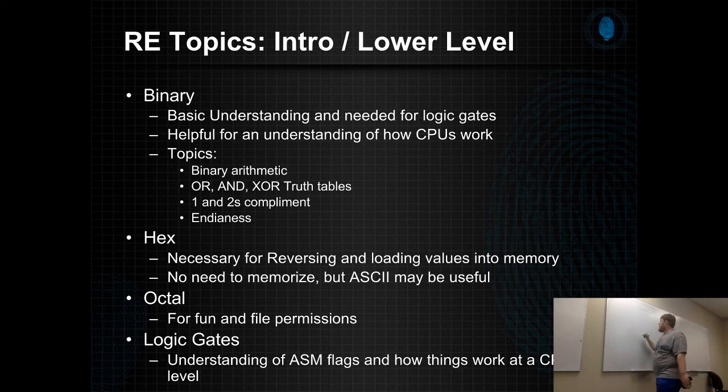So in truth tables, you have a set of bits. Over this side, this is going to be your answer or your output, and this will be your input. We'll start off with 0 0, 0 1, 1 0, 1 1. And let's say that we are doing an AND.